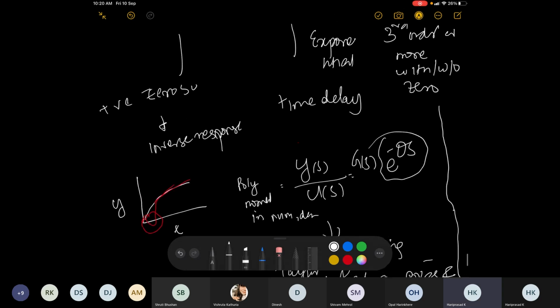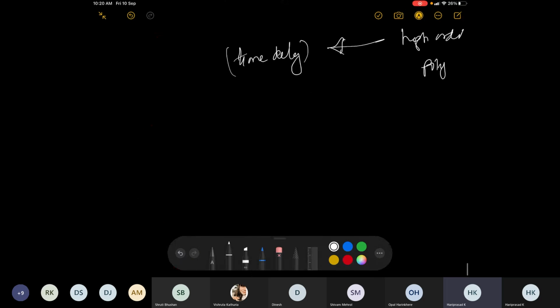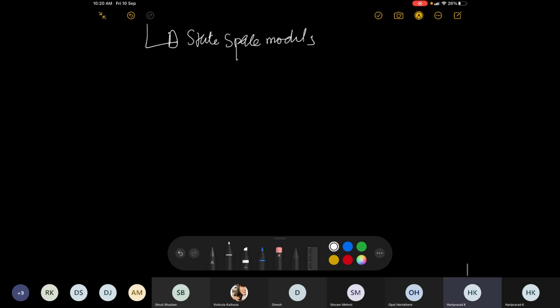So these are the more complicated characteristics we have seen, and we have also seen something known as the state space model. This is needed when you have a latent state, and your input is not directly affecting output.